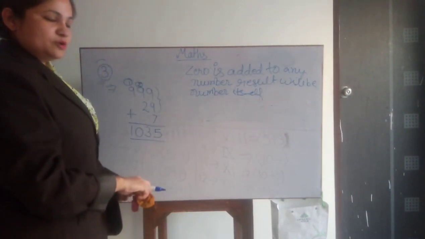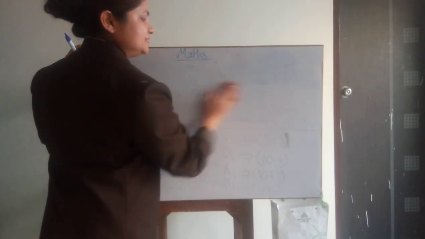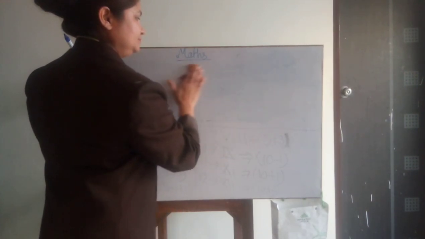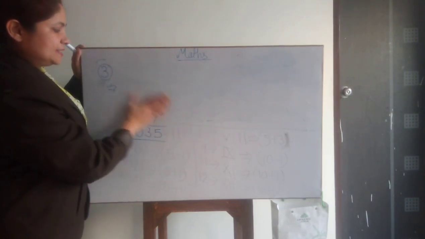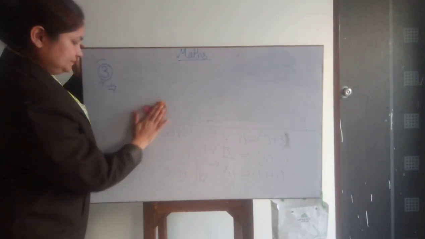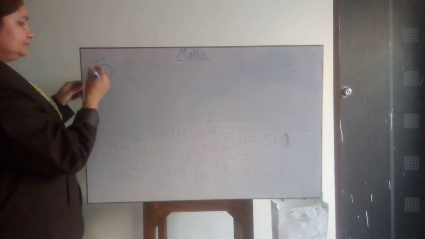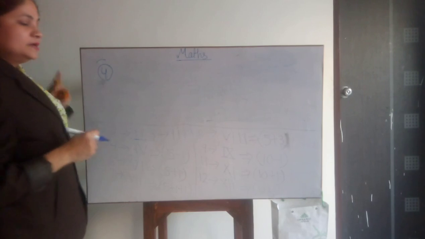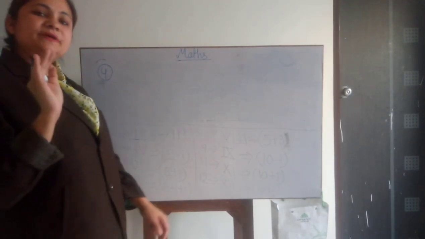Now the next problem I am going to tell you. I think this property is clear to you. Okay. Now a word problem. I am taking a word problem for addition. See, very simple.